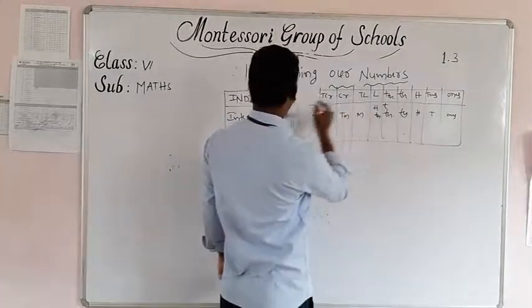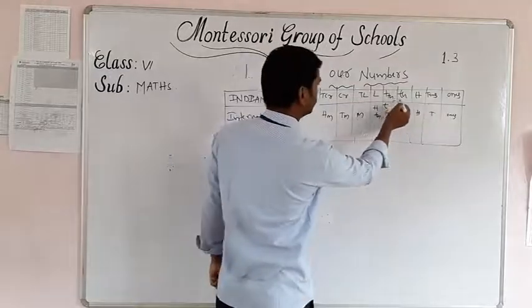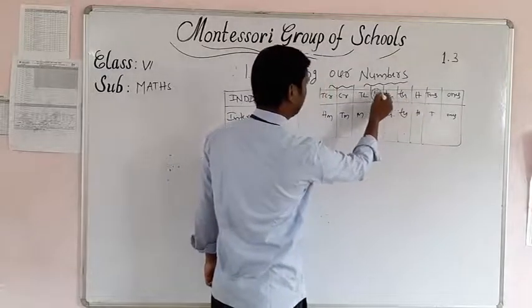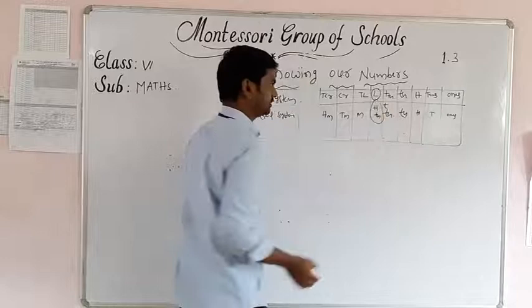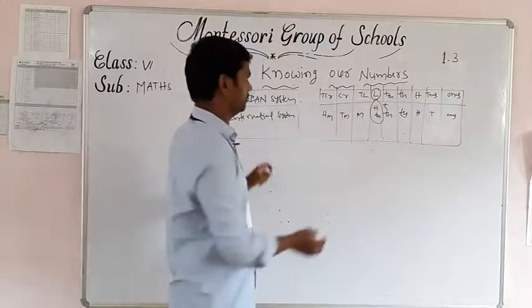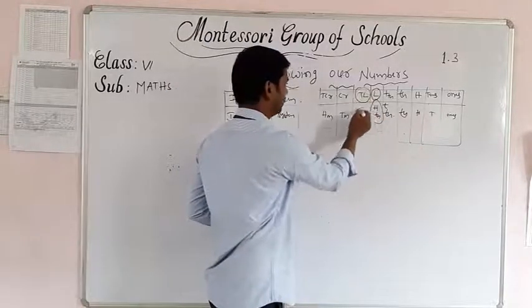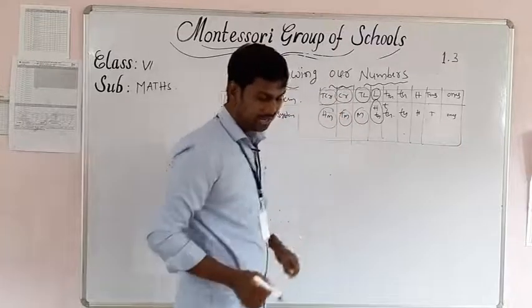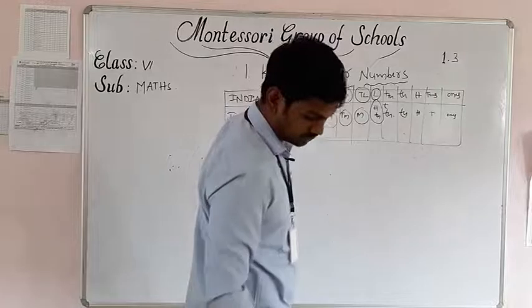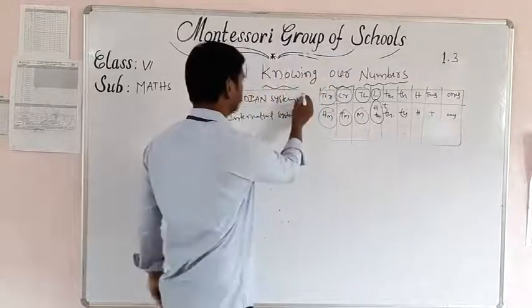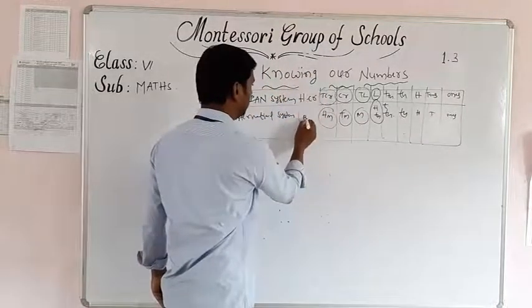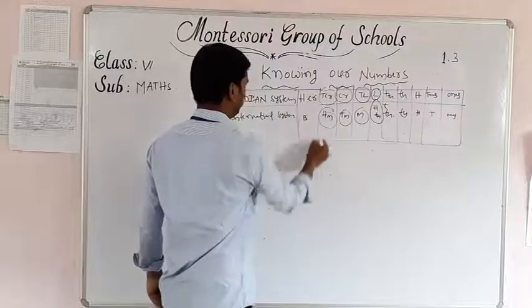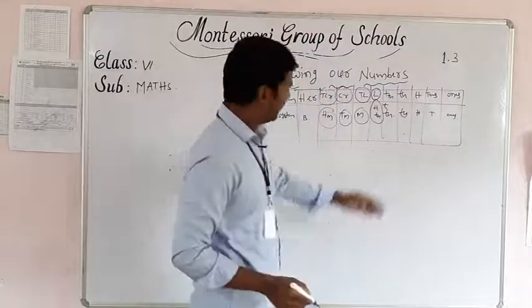So compare with India, our country. 1 lakh is equal to 100,000. Compared with the international system, 10 lakhs equal a million, 1 crore equals 10 million, 10 crores equal 100 million. If you take 100 crores, that is a billion.